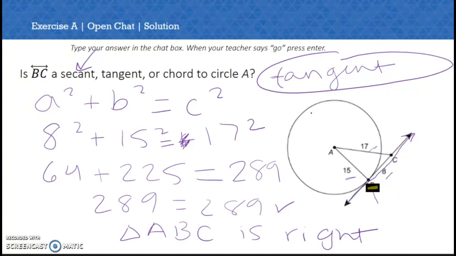This one is definitely not a chord. We could have crossed that off immediately, because this goes on forever and ever. It's a line. So it had to either be a secant or a tangent. It appeared to be a tangent, and we were able to prove that it in fact was a tangent.